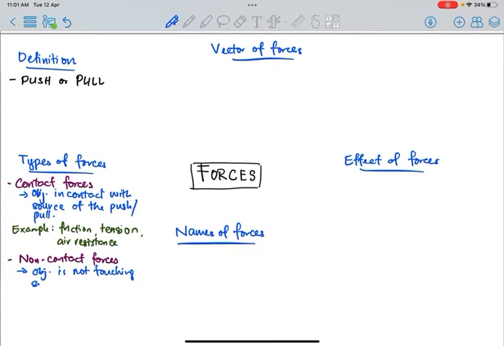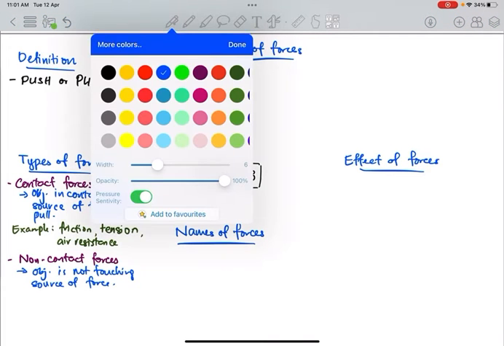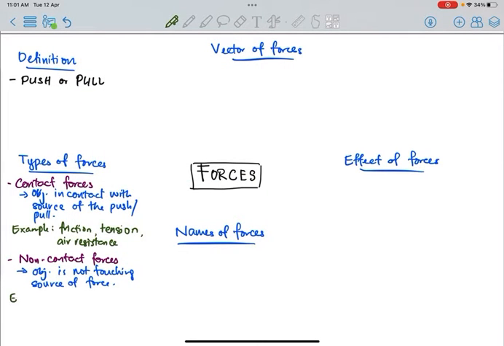It is not touching the source of the force, not touching anything. An example is the object falling that I gave earlier, which is due to the gravitational force. Bear in mind that gravity is not a force. Gravity is how much an object is being accelerated downwards by the gravitational force.